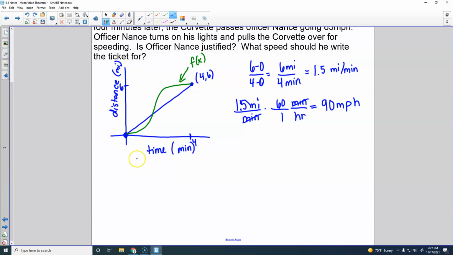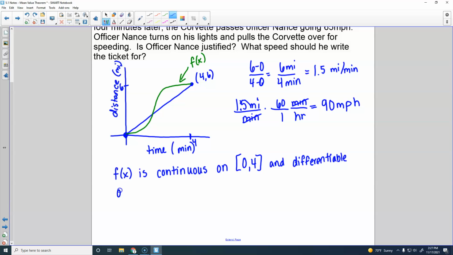So, what we have to say here is that f of x is continuous on [0, 4], and it must be differentiable on (0, 4) with parentheses.